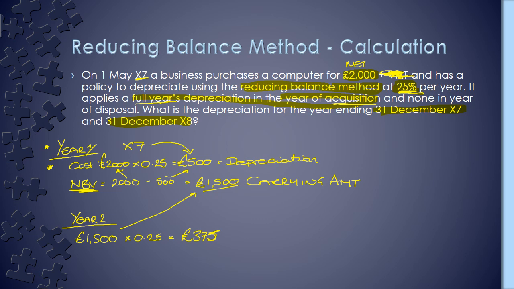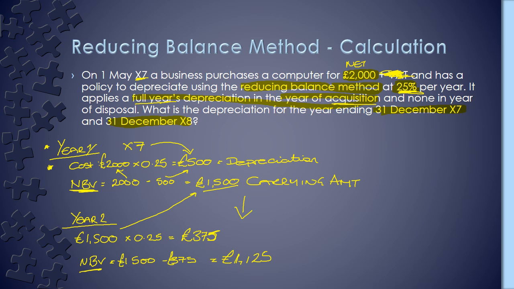So if we finish off then, what this would mean for this year 2 of depreciation, it then means that if we were going to move forward into working out what year 3 is, it is then going to be your carrying amount of 1,500 minus your new amount of depreciation, and when you take that away, it gives you a new net book value, a new carrying amount of 1,125. So again, that has now reduced down.